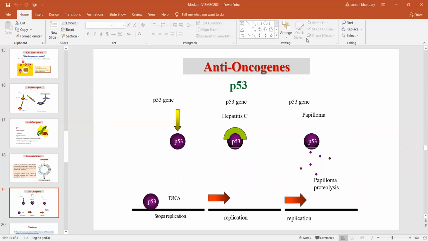And when a hepatitis C protein subunit binds with the p53 gene, the tumor suppressor gene, or papillomavirus is coming and binding with the tumor suppressor gene, in both cases the function of the p53 gene will be lost. Hence, replication will continue, cell proliferation will continue, and the normal cell becomes a cancer cell.